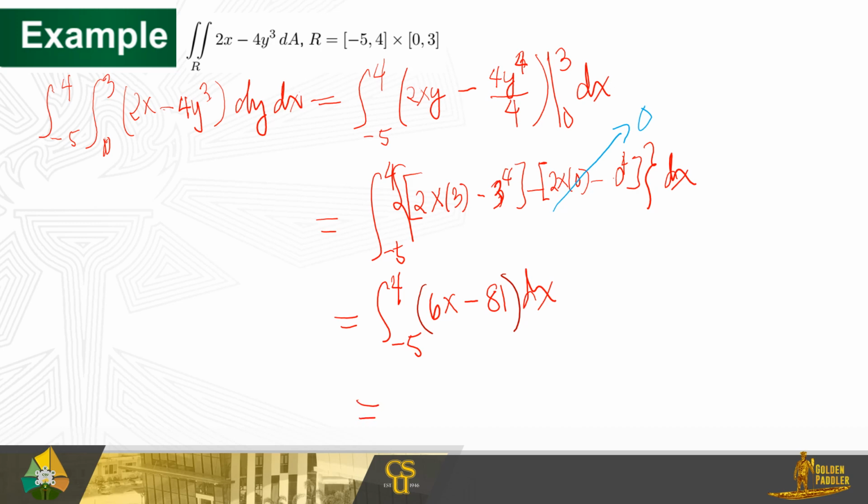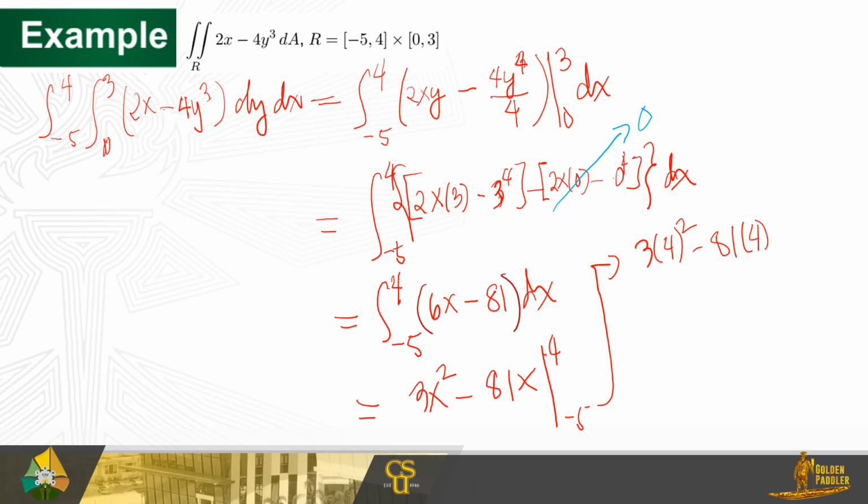So magiging 3x square na to minus 81x evaluated from -5 to 4. And so let's evaluate that one. So meron tayong 3, 4 una, no? So we have 3 times 4 squared minus 81 times 4, then yung -5.